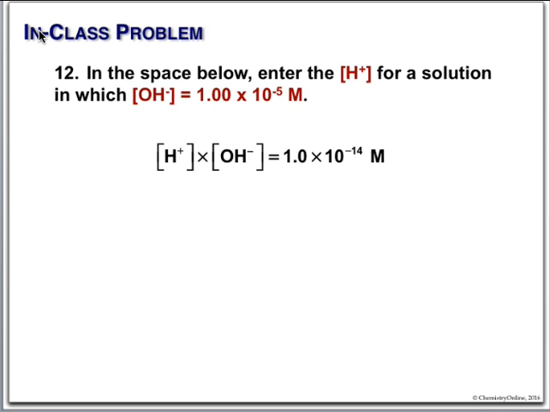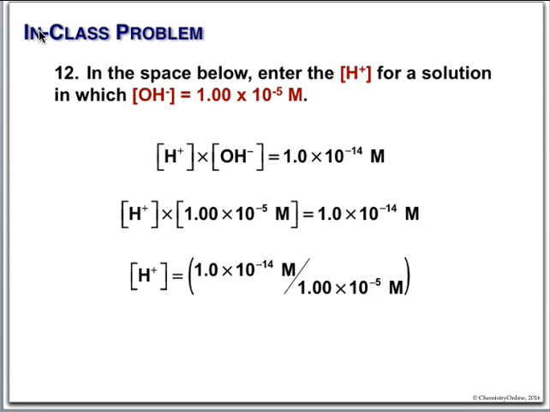All right, well here we have hydroxide. So let's just substitute. So to get hydronium, we take 10 to the minus 14, divided by 10 to the minus 5. Now make sure that you know your calculator and it knows you.